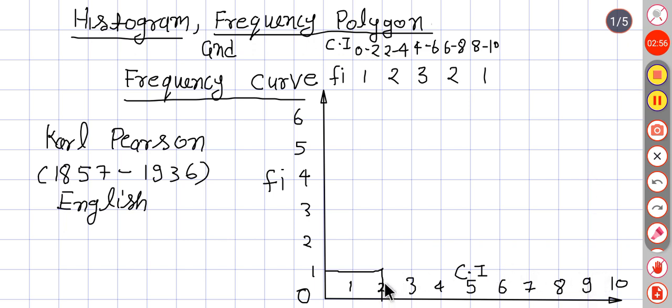Thereafter for 2 to 4 frequency is 2, so you will plot like this. The same way for 4 to 6 that is 3, so you will plot like this. And for 6 to 8 frequency is 2, so you will plot like this. For 8 to 10 frequency is like this. Now this is histogram.